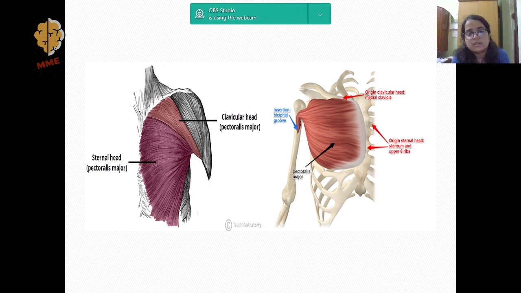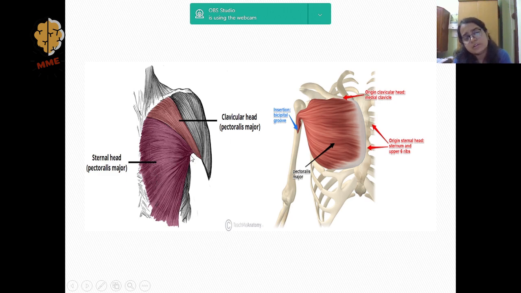Okay. So this is a picture of the pectoralis major muscle. This is the clavicular head. As you can see, it takes origin from the anterior surface of the medial 2/3 of the clavicle. This is the sternal head. It has multiple origins: from the anterior surface of the sternum, then medially from the 2nd to 6th costal cartilages, and from the aponeurosis of the external oblique muscle.